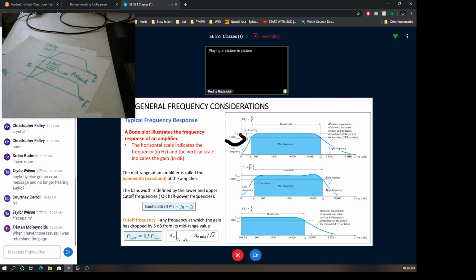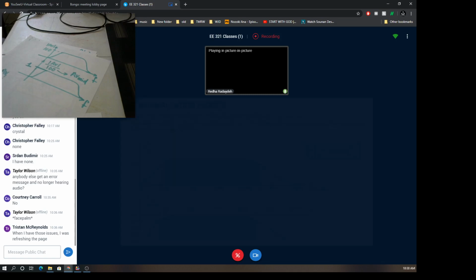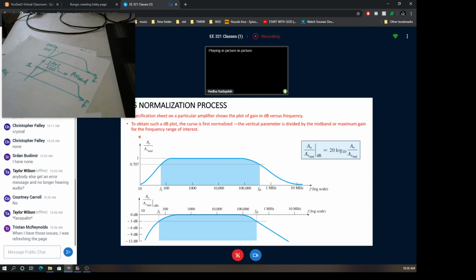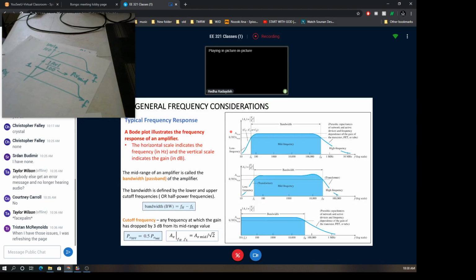Still, this is a Bode plot, but the y-axis is not normalized, which is fine. A more, let's say, professional way to generate the Bode plot is to normalize the y-axis like this. But this does not mean that the previous sketch is not a correct frequency response sketch. Okay?